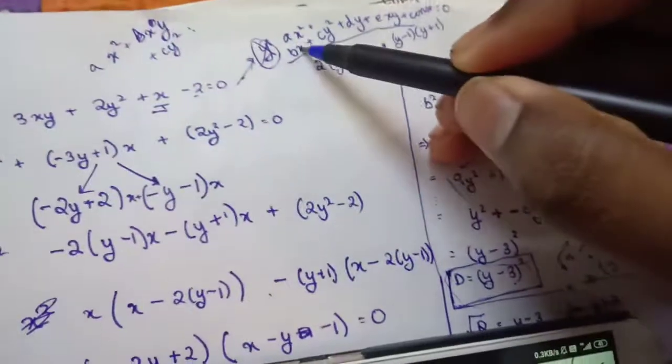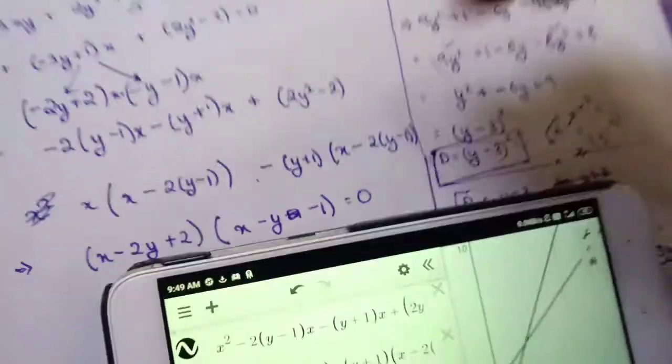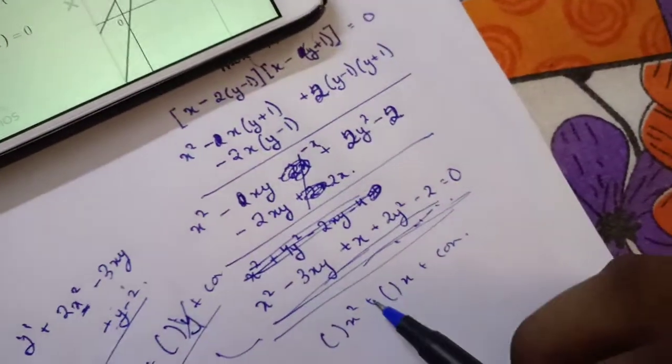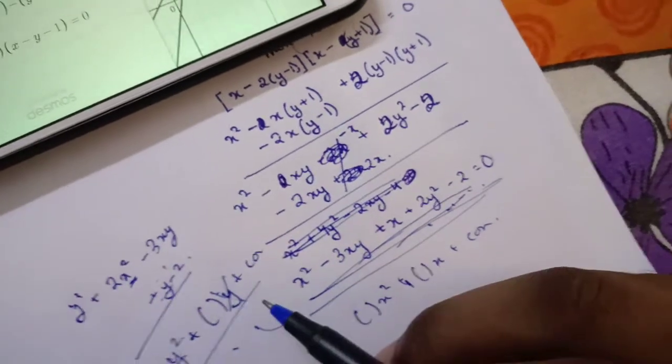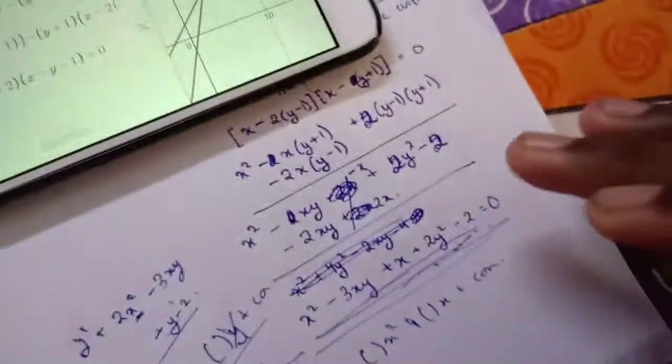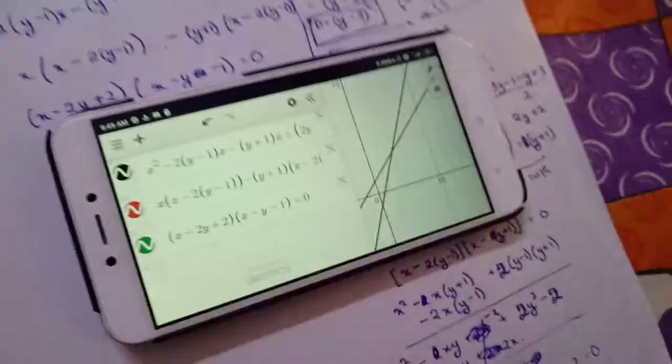So basically you have to solve the quadratic, and my method only works where everything is there: there is an x, there is a y. That is, you can form a quadratic equation in x and a quadratic equation in y, both. Only when you can do both is my method valid, otherwise it's not.